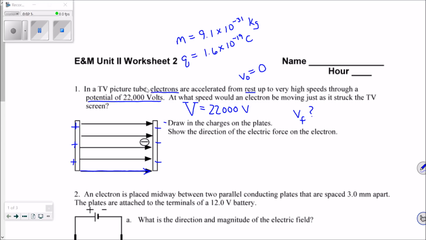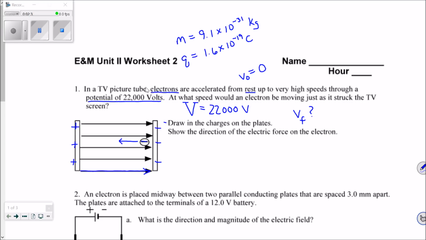So what's going to happen to our electron? Our electron is going to feel a repulsive force from that negative plate, which means that it is going to be pushed and therefore accelerated to the left. We could use forces in kinematics, but we're given information that allows us to use energy instead, which is much more convenient.